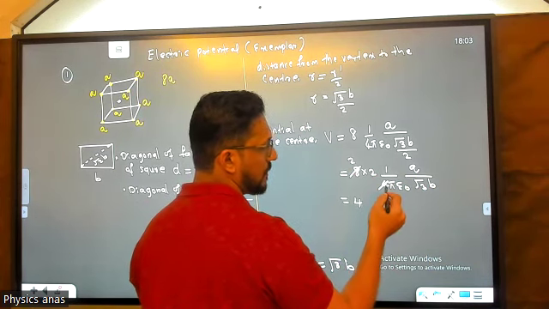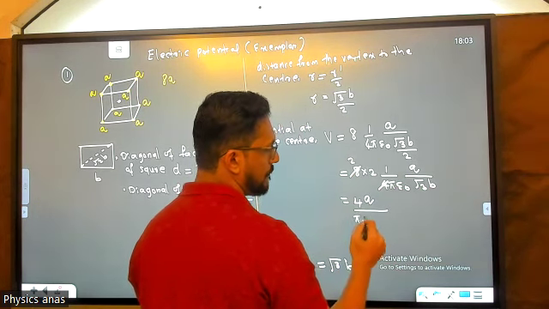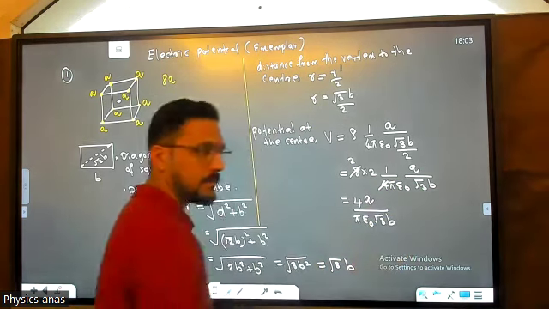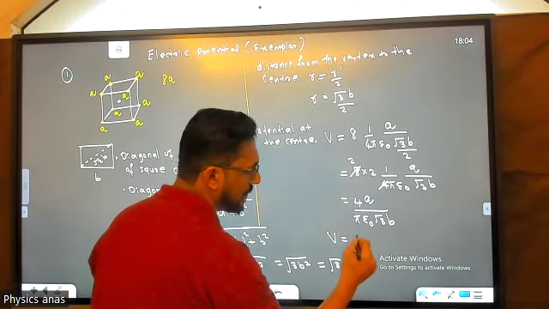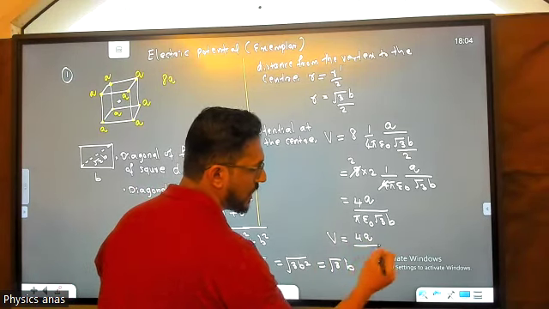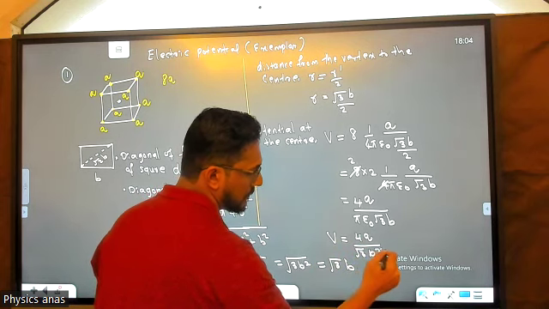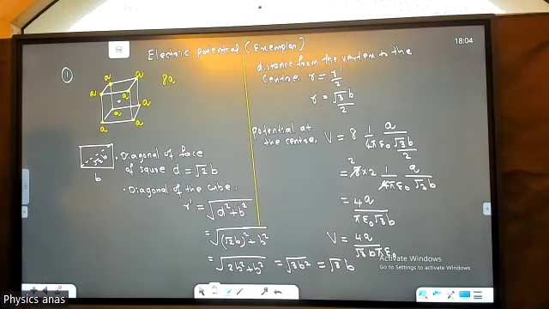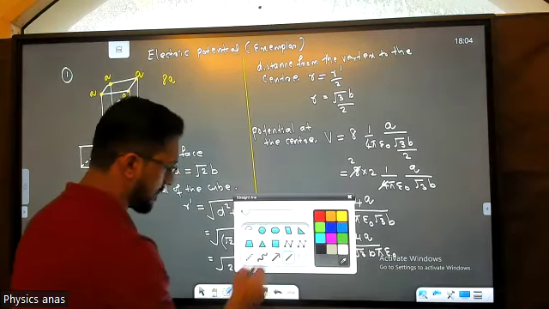So 4Q divided by pi epsilon naught root 3 B. Every form is okay.